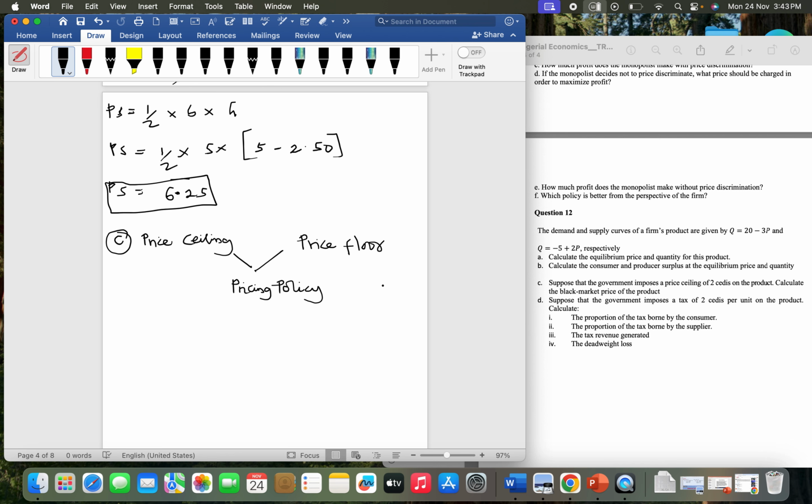Price floor. Now, I'm just giving an overview of all this. Price ceiling is the same as maximum price control. So in a question where they are not using price ceiling but they are using maximum price control, it's the same thing. Now, price floor is the same as minimum price control.